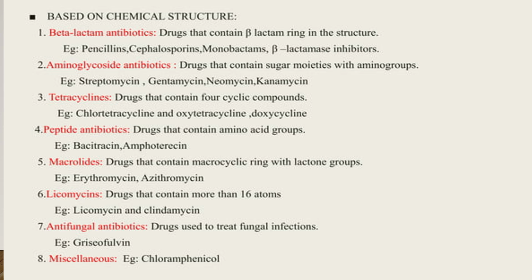Next, a newer class is the macrolide type of antibiotic. What is the meaning of the word macrolide? Drugs containing a macrocyclic ring, a big ring structure, with the presence of a lactone ring. Drugs containing a macrocyclic ring with a lactone group are categorized under macrolide.